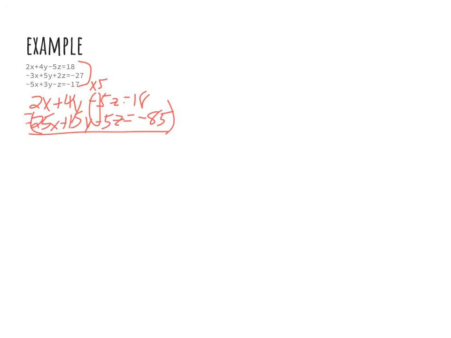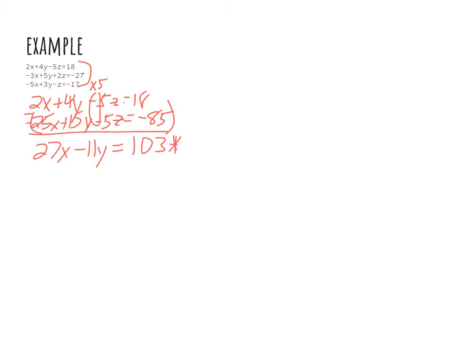So 2x minus a negative 25x is the same as adding, so I get 27x. 4y minus 15y is a negative 11y. 18 minus a negative 85 is the same thing as adding 85, which is going to give me a positive 103. So here's one of my equations for later.